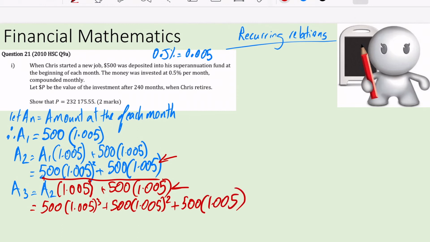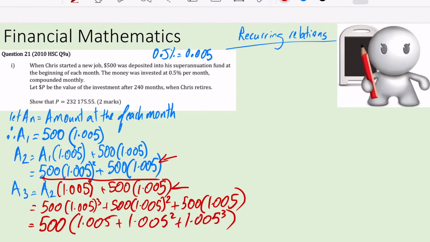Now what I've got here is a pattern, and this pattern, if I take 500 out of it and then reverse the order, I've got 1.005 plus 1.005 squared plus 1.005 cubed. So I've got a geometric progression over here.